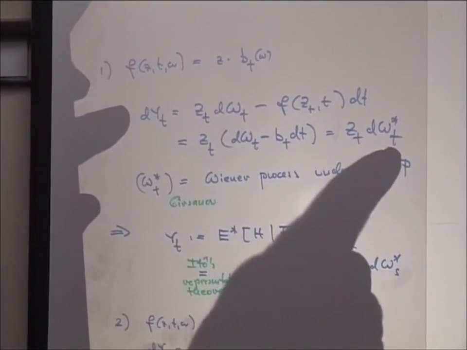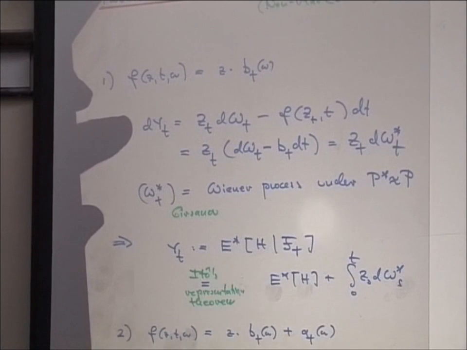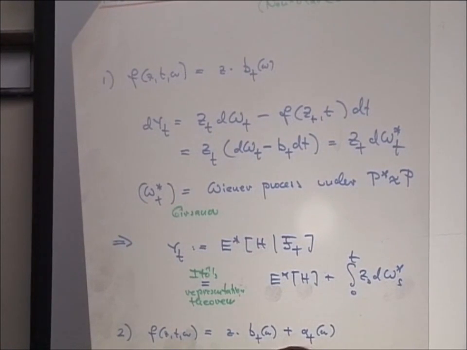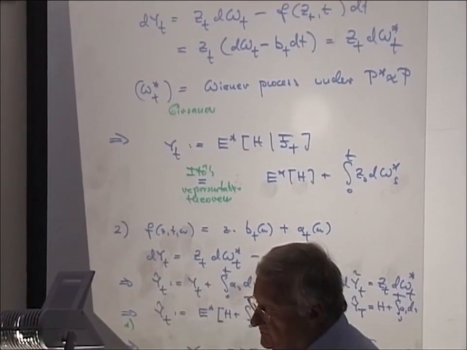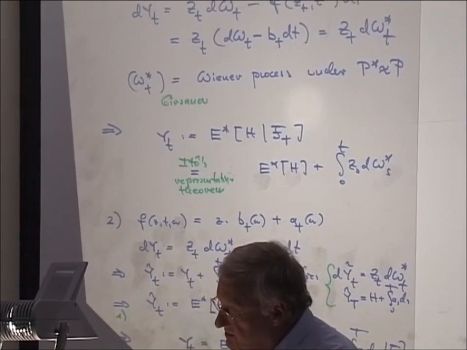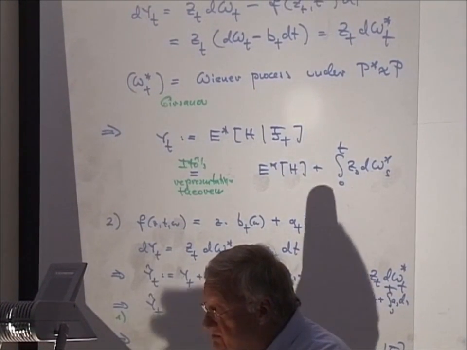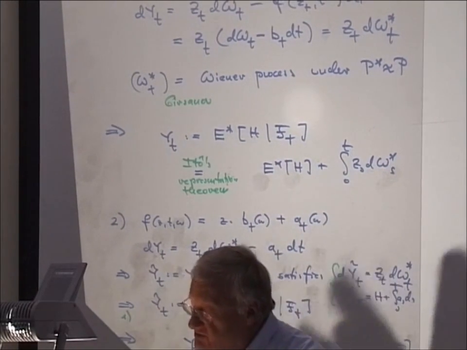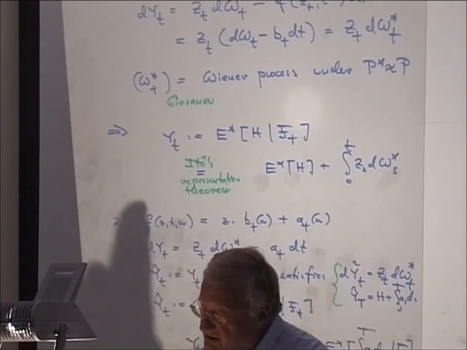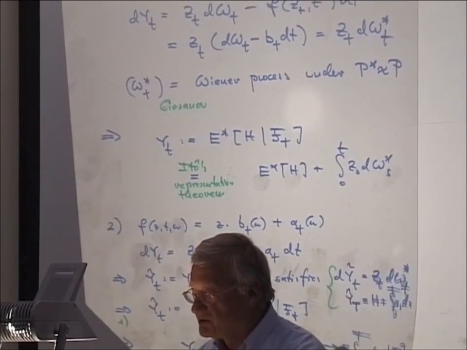This process here, the difference, we can view as a new Wiener process under a Girsanov type change of measure. And then we simply take under that new measure, which comes up via the Girsanov transformation, the conditional expectation of H. By Ito's representation theorem, this can be written as a stochastic integral. And that means that this process here solves the equation. Yeah, and there are other simple examples which all fall under the general existence and uniqueness theorem under Lipschitz conditions.